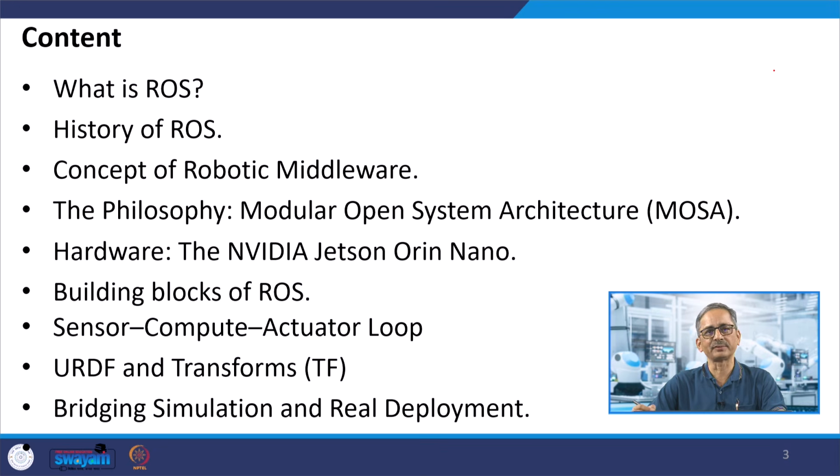Then we are going to talk about the hardware, which is Nvidia Jetson Nano, which we are going to use in this course. Then the various building blocks for ROS, then the sensor, compute and actuator loop, URDF and transform, and then at the end we will be seeing how we can bridge simulation with the real deployment.